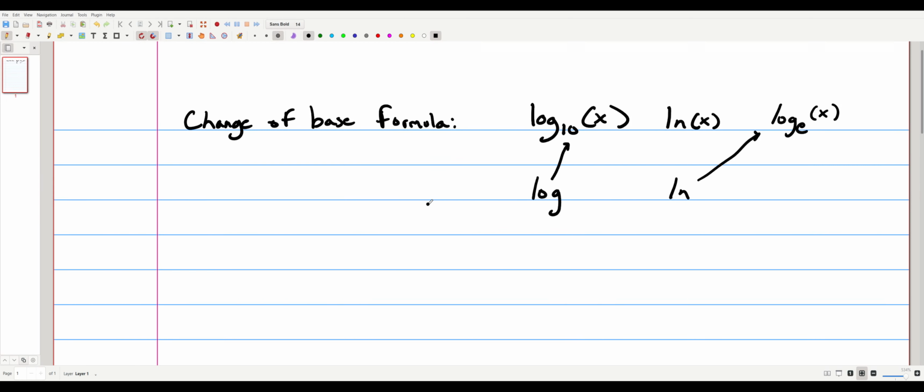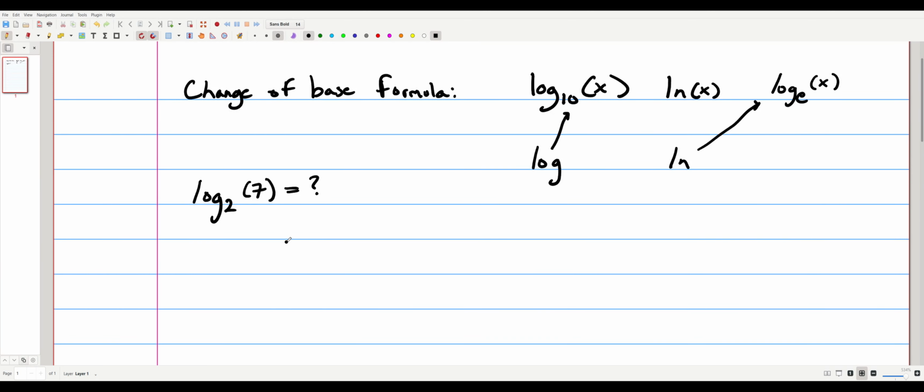And so what would you do if, for instance, you were trying to figure out what this evaluated to? So let's say we had log base 2 of 7, and we wanted to figure out, well, what is this equal to? If we used our changing logs to exponents rule, well, we'd have 2 to the y is equal to 7, right?